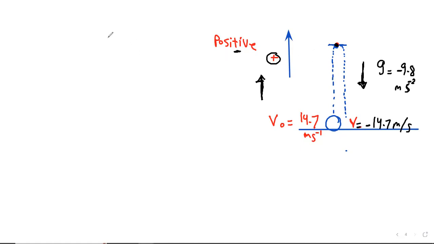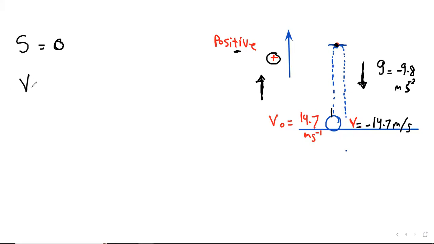Here S means the displacement, and when the particle starts here, it gains a positive displacement, and it loses it again. So the displacement is 0. I'm talking about the whole motion. The displacement is 0.